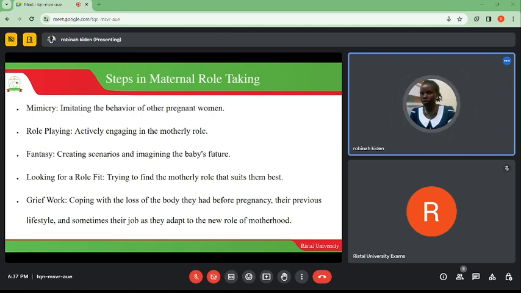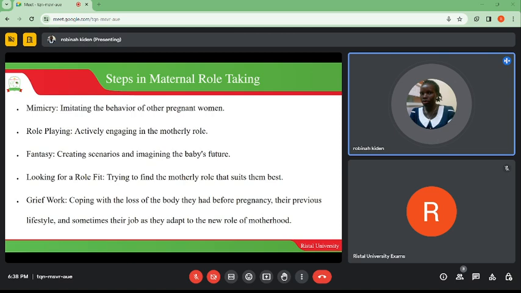Then role play, actively engaging in the motherly role, making sure that you put yourself there to do what mothers are supposed to do, so that you also get affected with the situation.